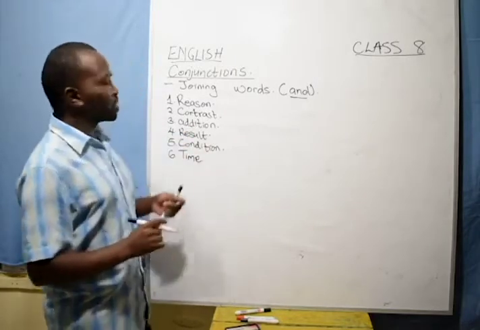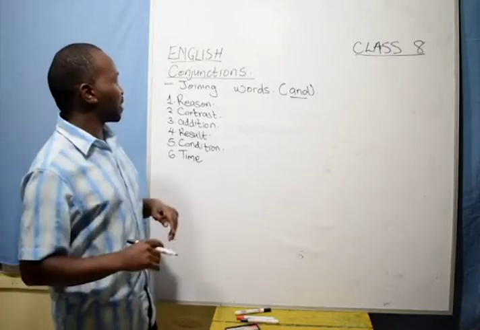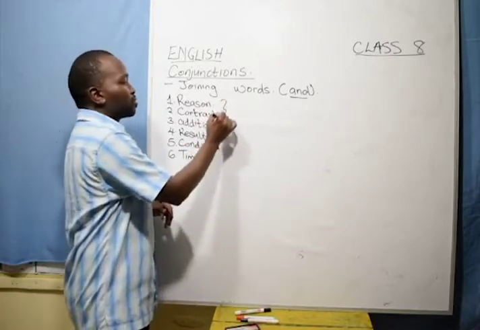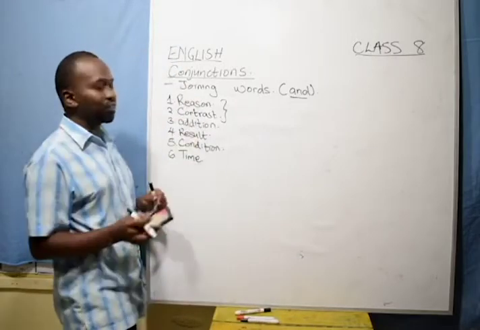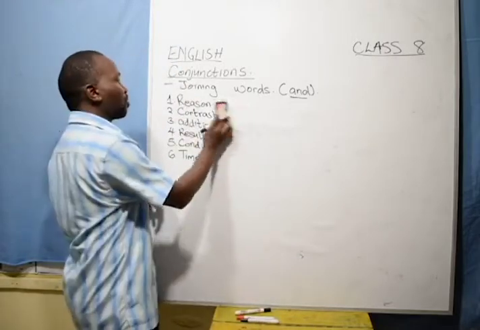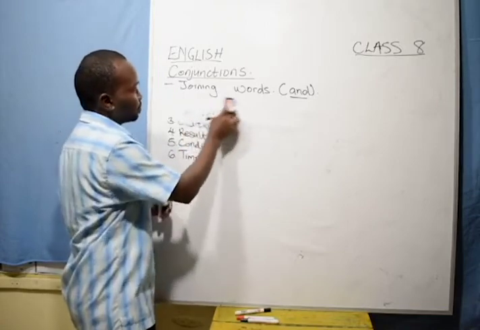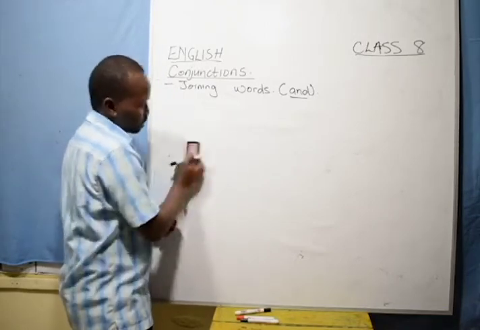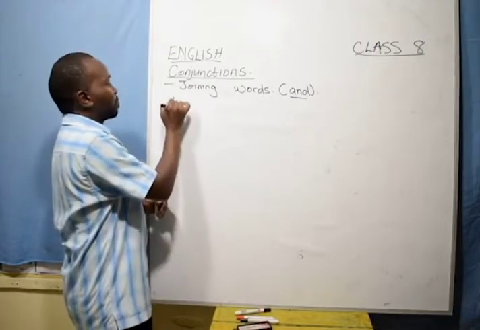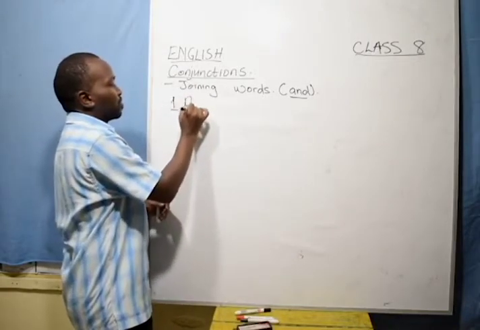Now, we may not look at all of them together, but we are going to start with the 2 there. That is conjunctions of reason and conjunctions of contrasts. Therefore, in your books, write: conjunctions of reason. Number 1, reason.